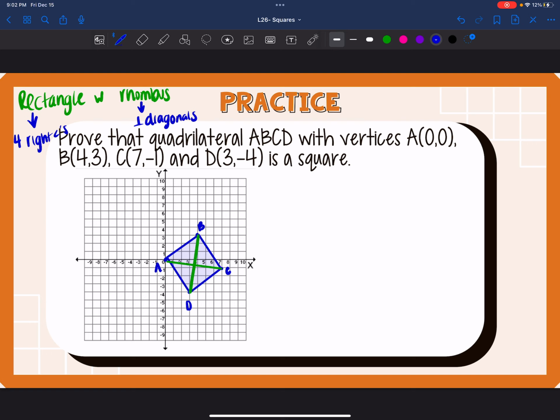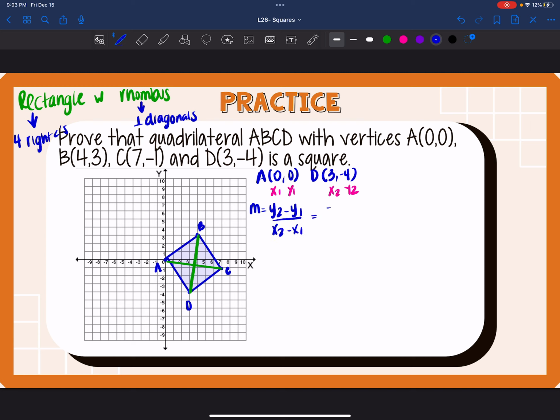So AD, again, when we're doing our slope, we always write our points. And then we label our points. And then my slope formula is y2 minus y1 over x2 minus x1.